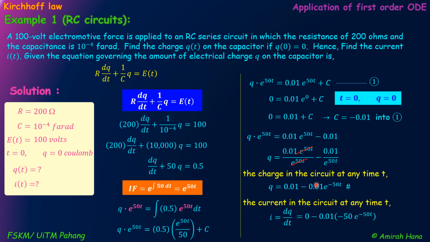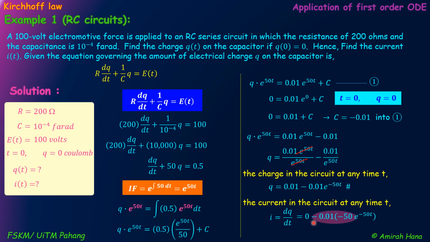When we differentiate e to the power of negative 50t, we get negative 50 e to the power of negative 50t. But when we integrate e to the power of 50t, we get e to the power of 50t over 50. So after this, we can simplify this.